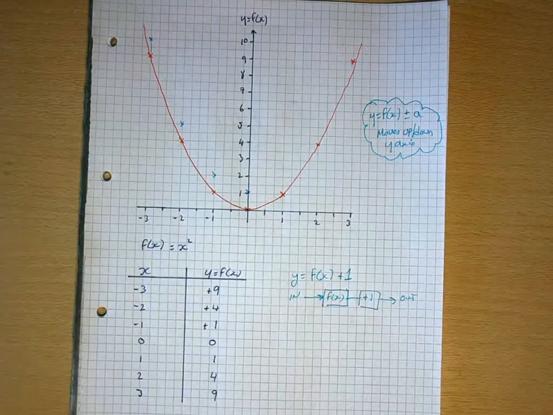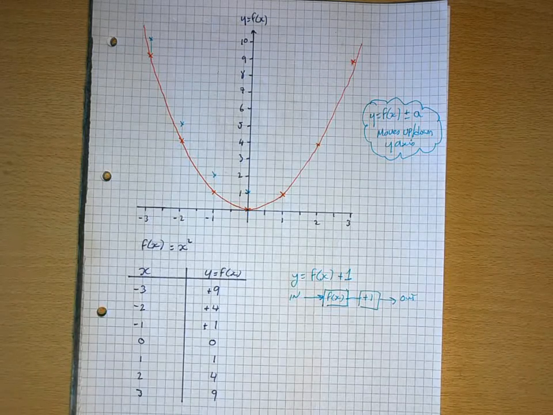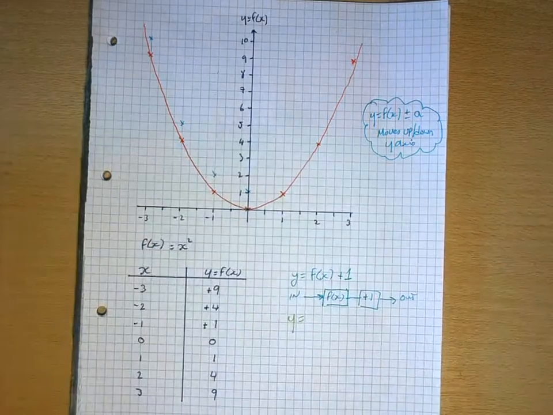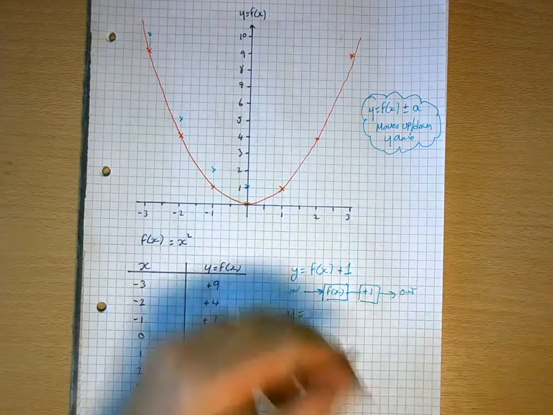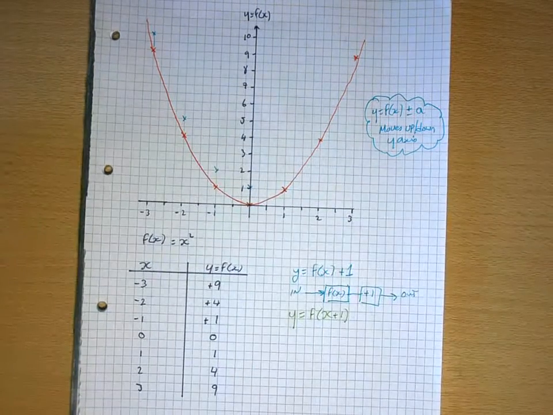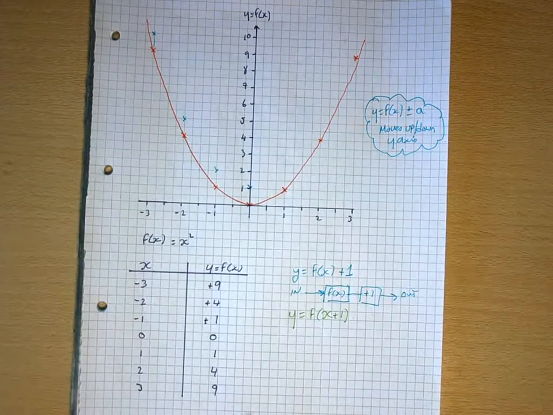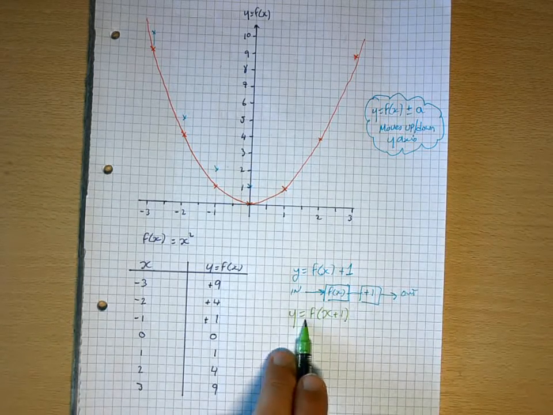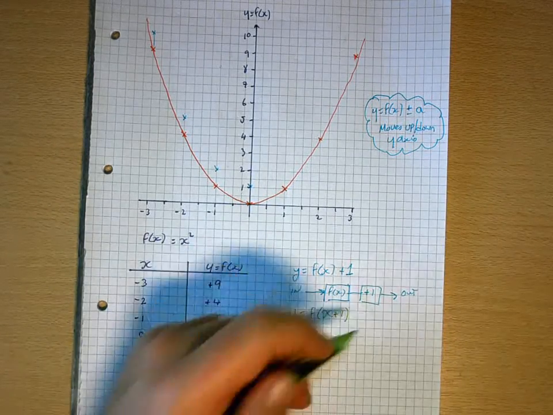So that's one of the transformations that you need to know about. Another one that you need to know about is, what if, rather than having the +1 there, the +1 is inside the bracket. Now what that is doing is adding 1 to your input before working out your output.